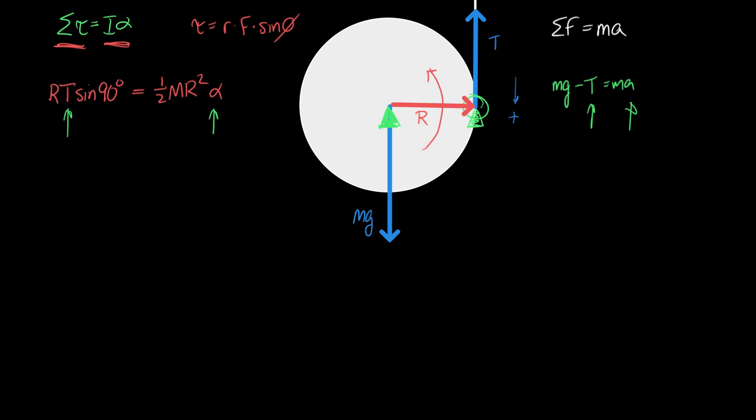And I think the conditions for rolling are met in this problem. So a equals alpha times R. We've talked about this for the last 2 days. I'm going to sub in for alpha because I indicated to you guys that generally if you sub in for alpha, you tend to have the R's cancel out. So that's what I'm going to do.